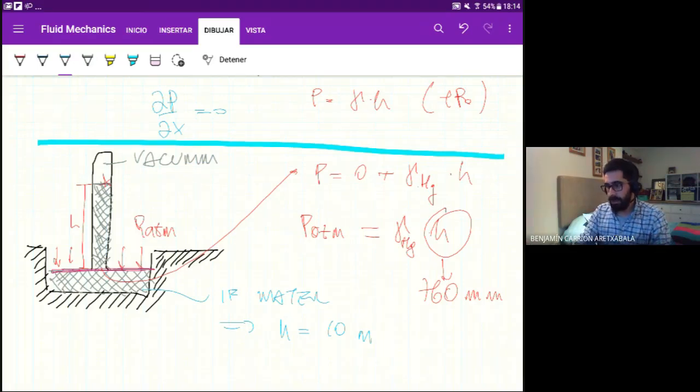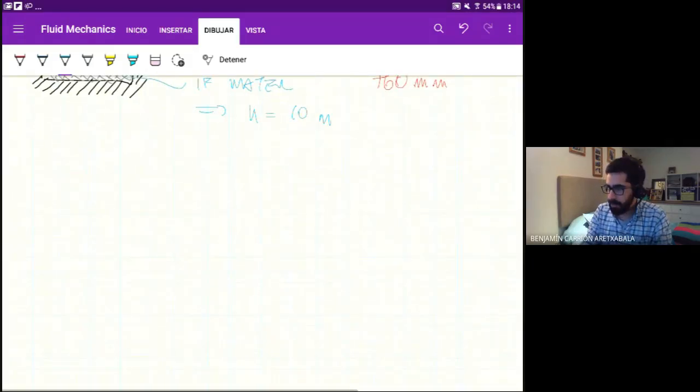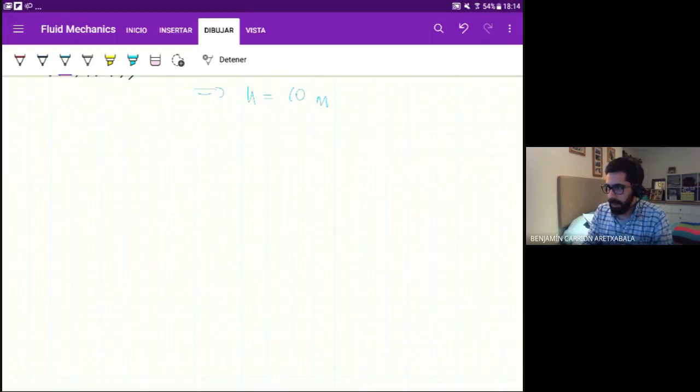Okay, another thing we can do is a manometer, and with this we're getting almost to the end of this part. A manometer is nothing more than a way to measure pressure differences.